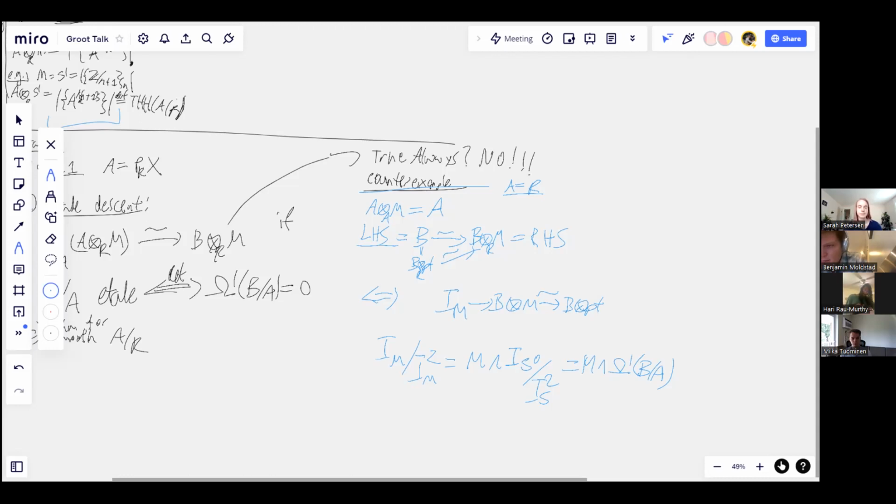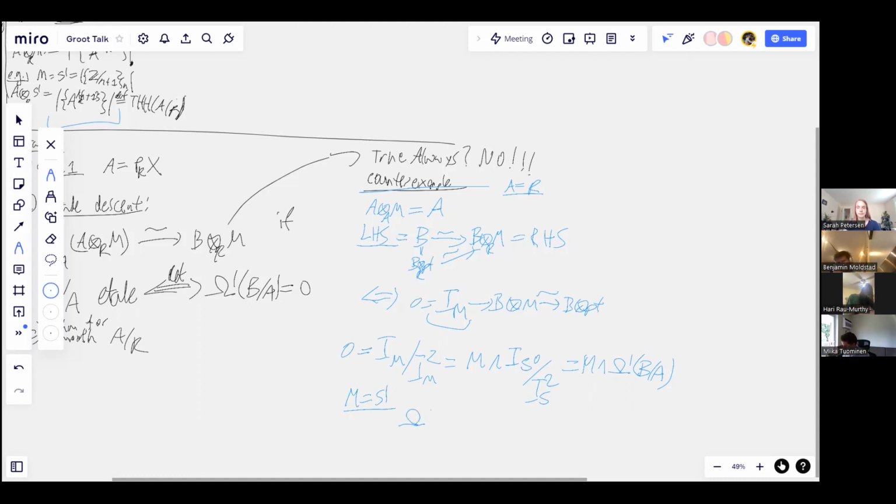Now, our fiber here is 0. So the fiber modded squared is also equal to 0. So M smash differential one forms is 0. So if this is true, if M is equal to S1 in particular, this means that the suspension of omega 1 is 0.